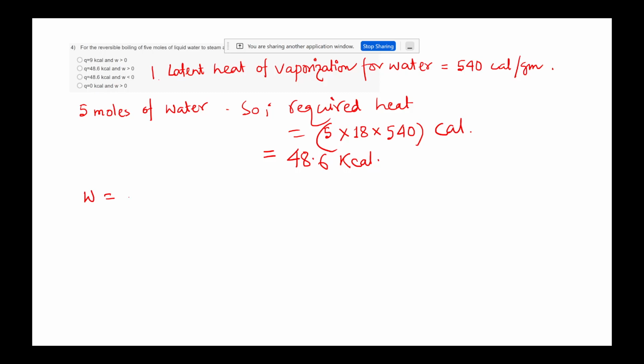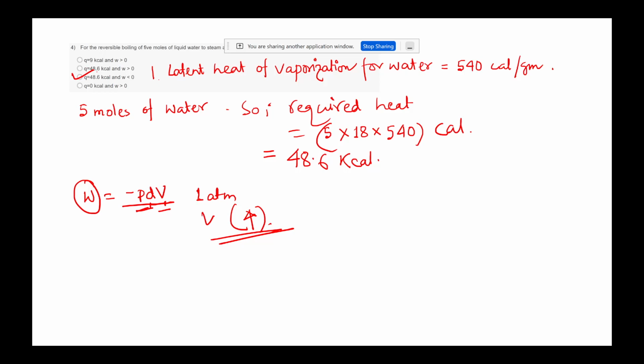W should be negative, no? Yes, because this is PdV, an expansion process. V is increasing, and pressure is constant at 1 atm. For steam, V increases. So W is minus PdV, P is positive, dV is also positive, so W should be negative. So that's why it is this one.